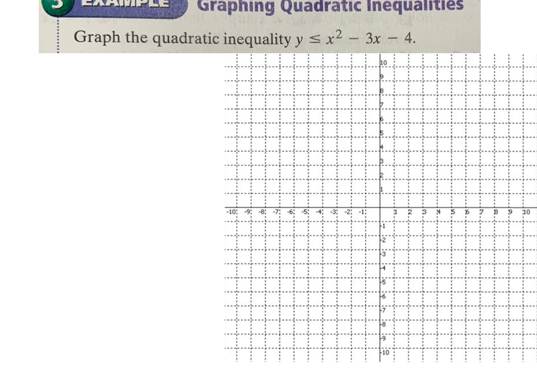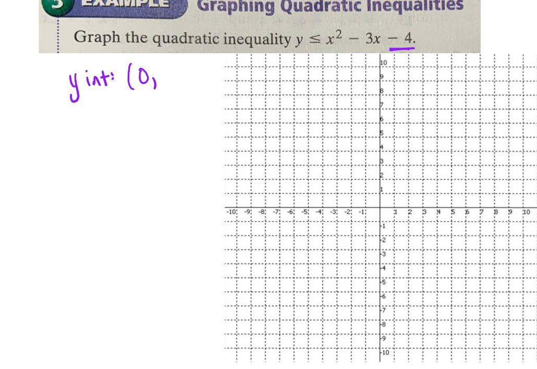So we're going to do the same exact thing we just did. We're going to find our y-intercept, we're going to find our axis, and we're going to find our vertex. All right? So for this one, what is my y-intercept? What's my c value here? -4. So make sure that if you have a negative in front of it, that you include that as part of your y-intercept.